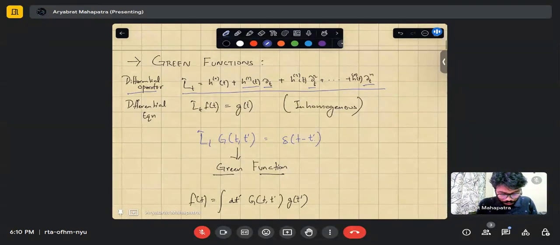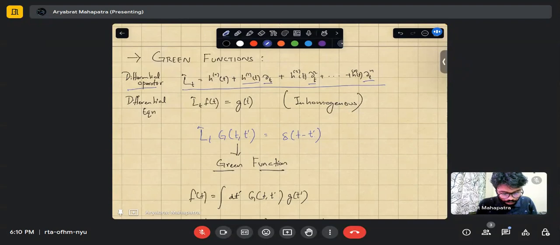That is what a differential operator normally looks like. When you apply the differential operator on your dependent variable, here f, you get something g of t. This is for the inhomogeneous case. For a homogeneous differential equation, it would be y of t equals 0.